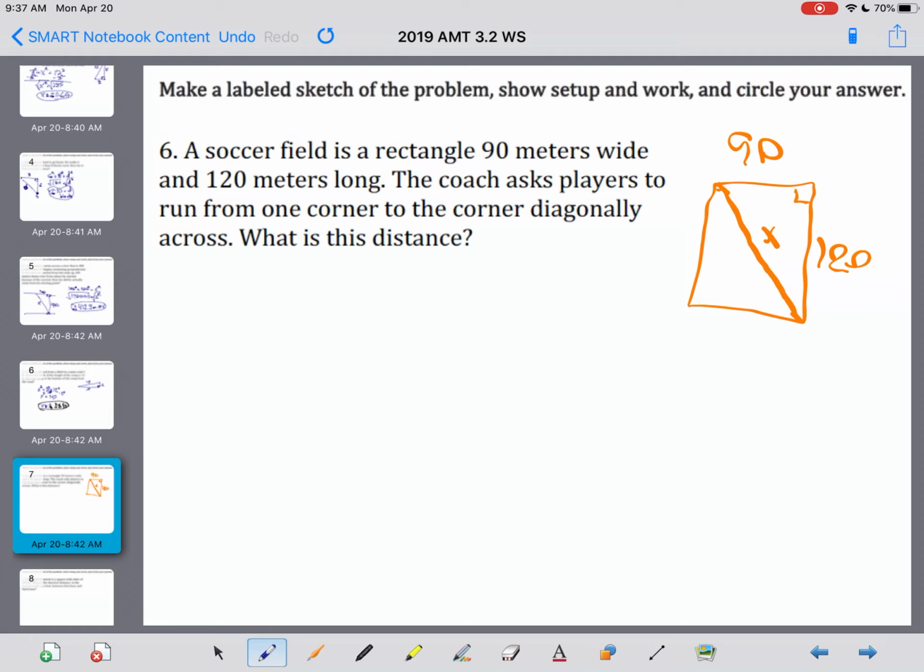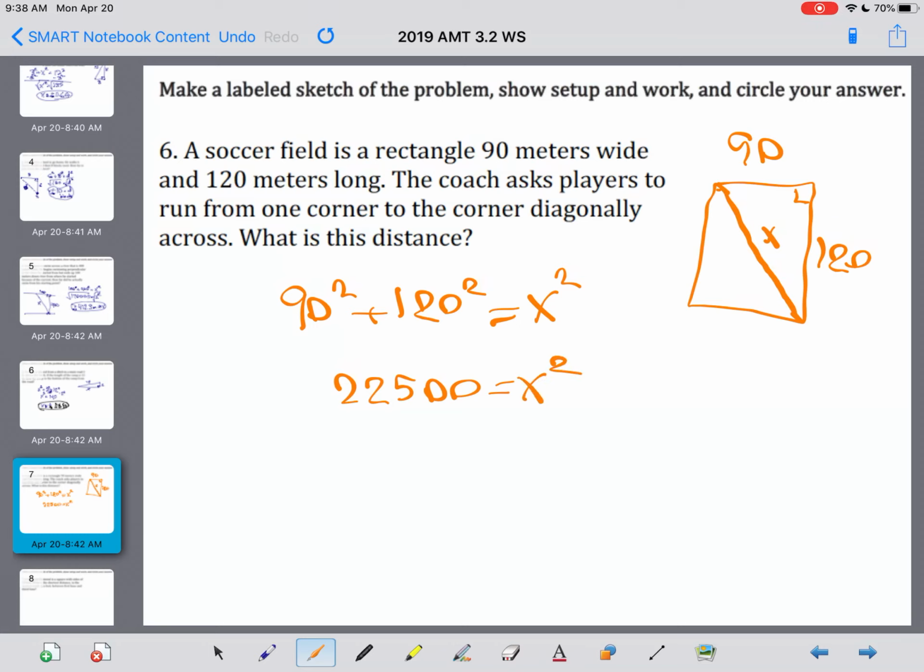Okay. So right triangle, yes. Do I know two sides? Yes. Looking for the third? Yes. So Pythagorean kicks in, looking for the hypotenuse. Oh man, that's like the worst 9 ever. So if I take 90 squared plus 120 squared equals x squared, I'm going to go ahead and calculate that sum of squares. 22,500 equals x squared.